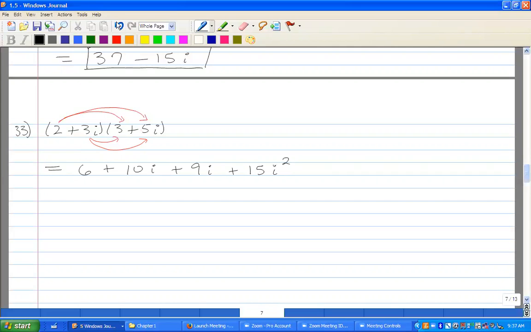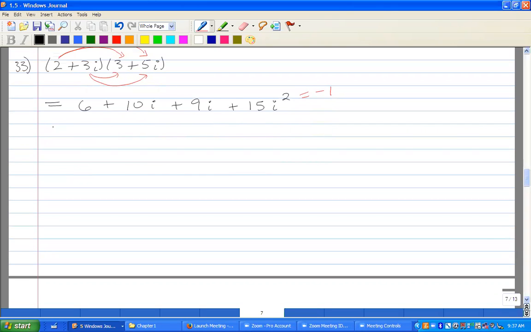But notice that i squared is negative 1. And so this is equal to 6 plus, 10i plus 9i combined is 19i, and 15 times negative 1 is negative 15. Combining 6 minus 15 gives negative 9, plus 19i. And that is in standard form.